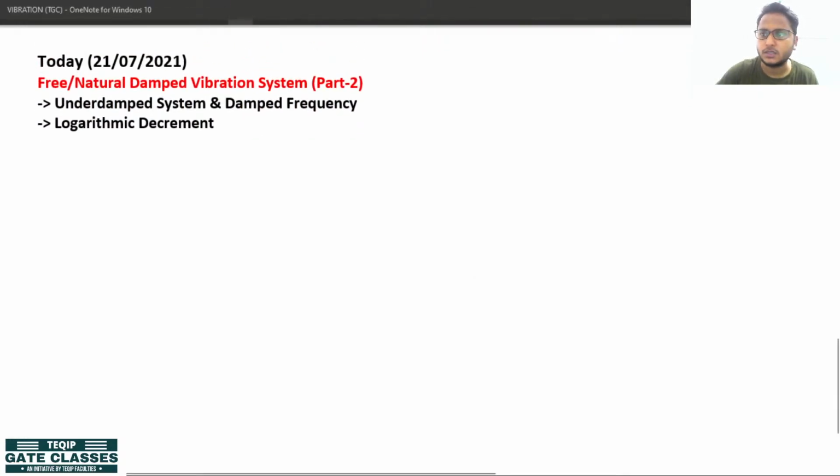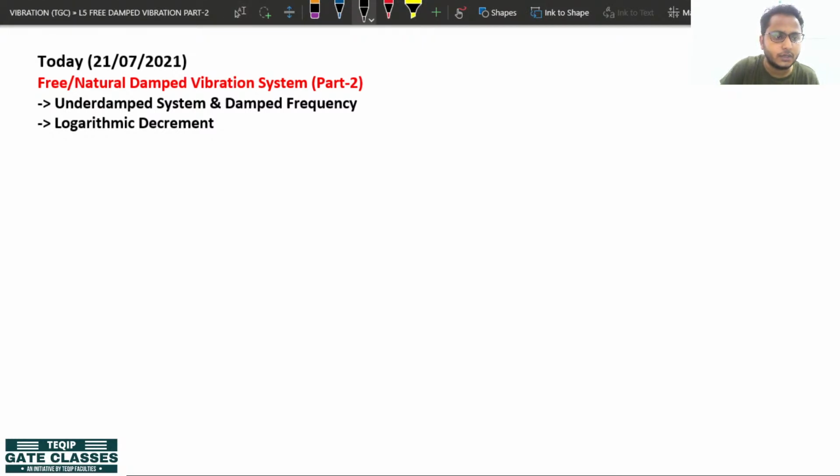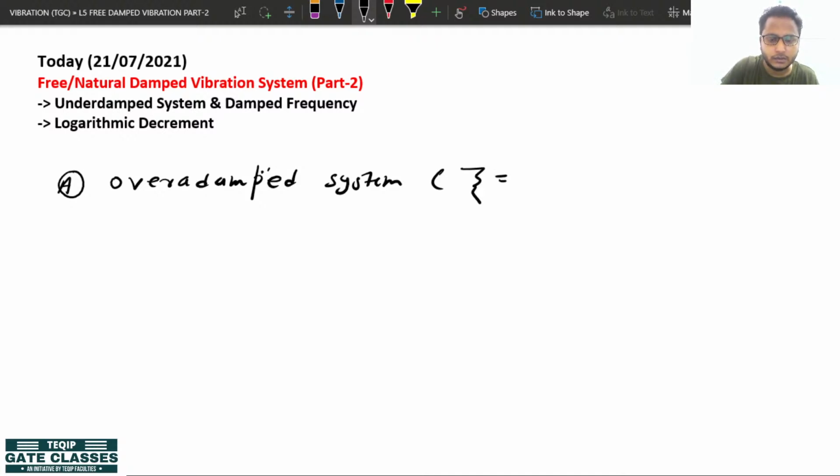We have discussed the equation in the previous lecture. We discussed the over damped system. What is the value of zeta, the damping ratio, for an over damped system?